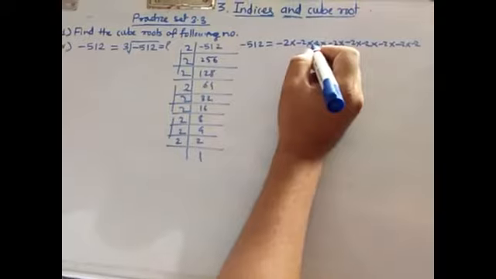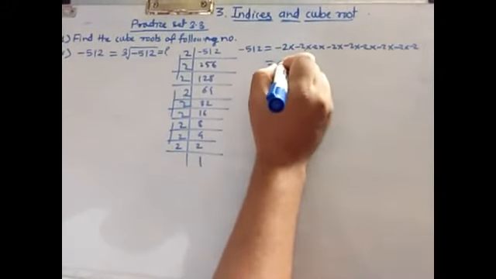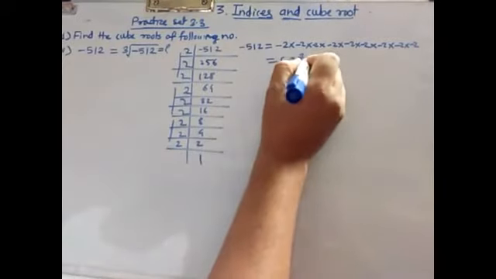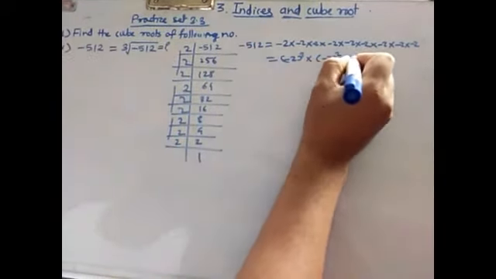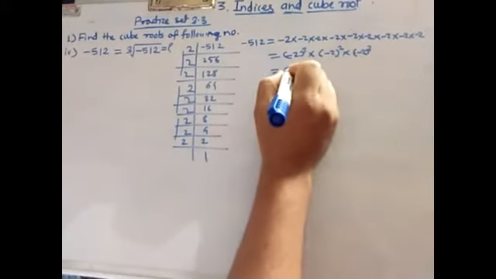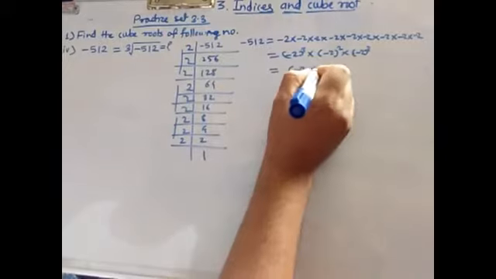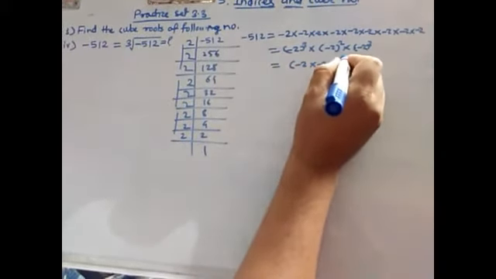Each group of 3 we write as minus 2 cubed, again minus 2 cubed, again minus 2 cubed, which is minus 2 into minus 2 into minus 2 whole cube.